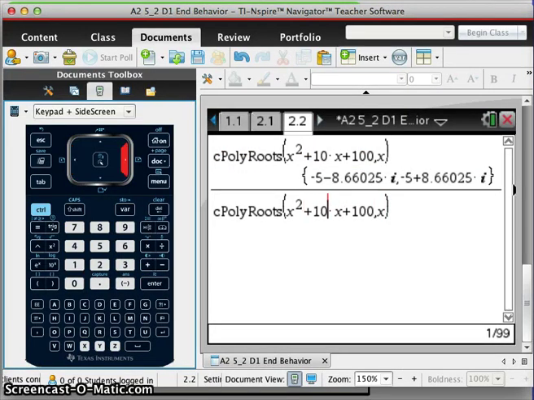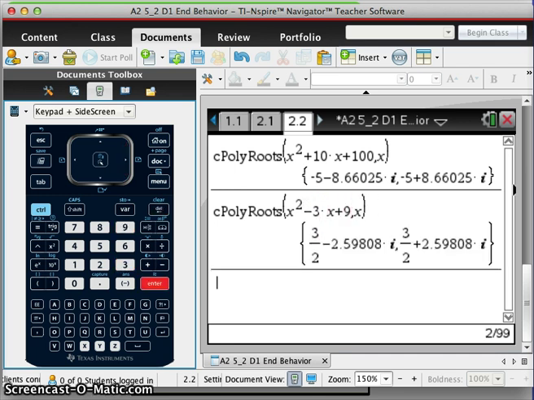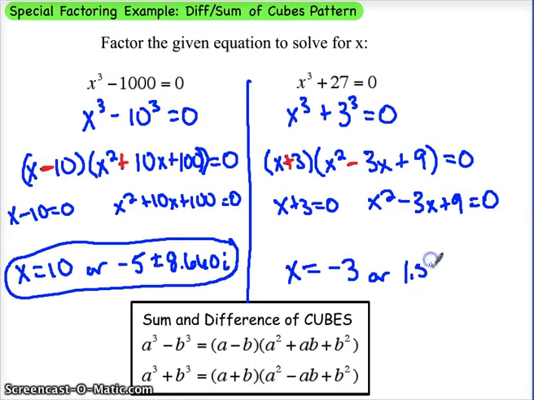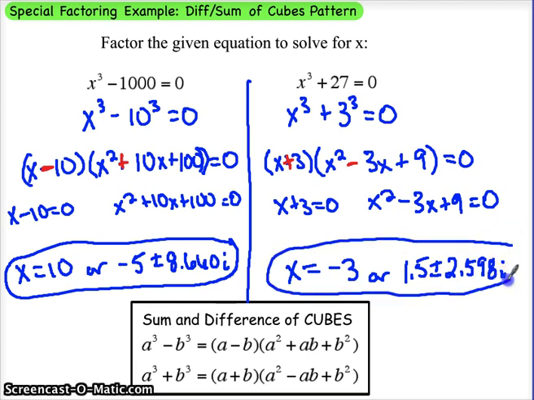And since I know I just need to change my middle term to a -3 and my last term to 9, I don't have to redo the entire thing. But now I get 3 halves, or 1.5, plus or minus 2.598i, and I've got my answers there.